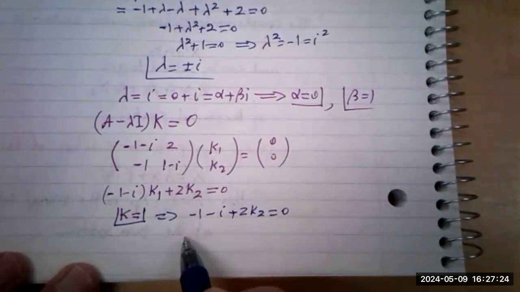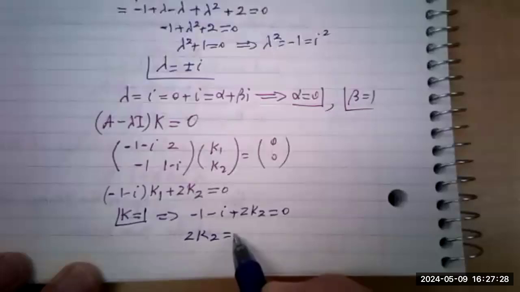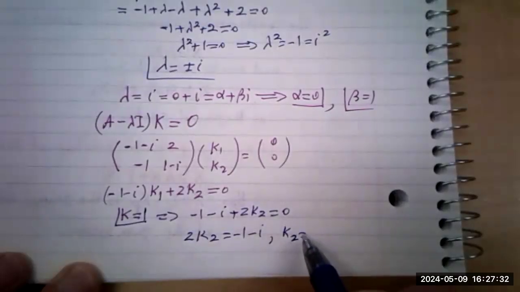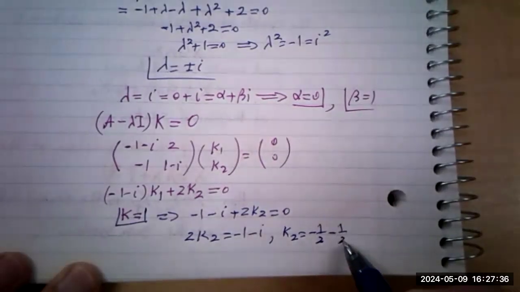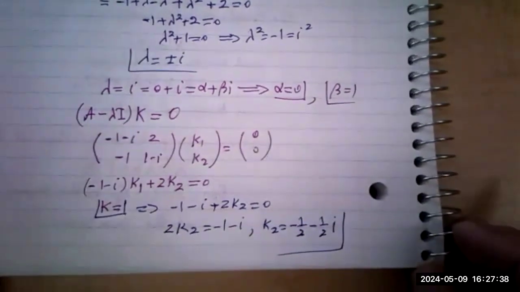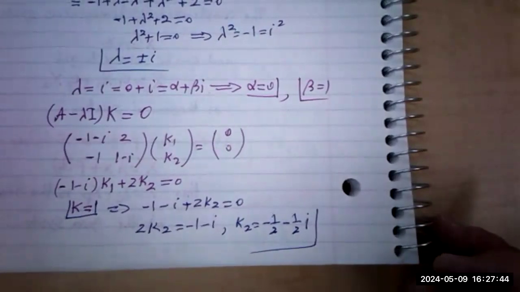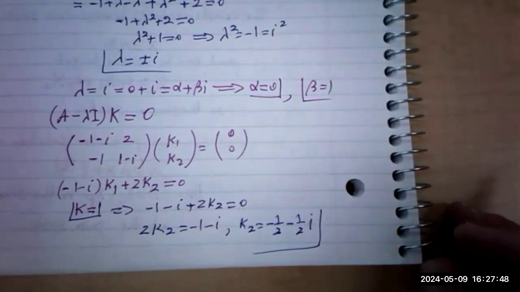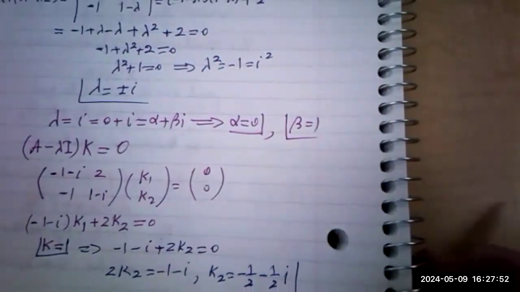So this would give you 2K2 equal to -1 minus i. So your K2 would be -½ minus ½i. So you have to form K, you know that. Then you have to change it to the V1 and the V2. Any question? So I go to the next page, continue.